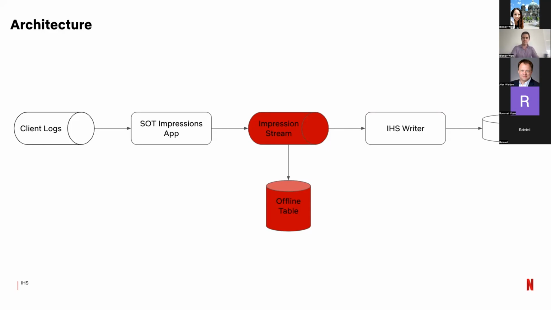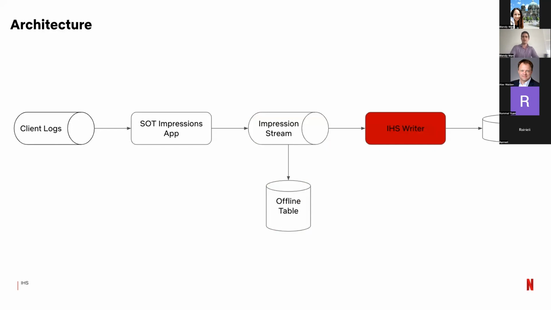And then from that, one of those consumers is another Flink job where we can extract just the few fields we care about for the impressions. Who did it? Where did they do it? When did they do it? And here, we can apply our more complicated Flink operations. We know that we have multiple delivery upstream of us.